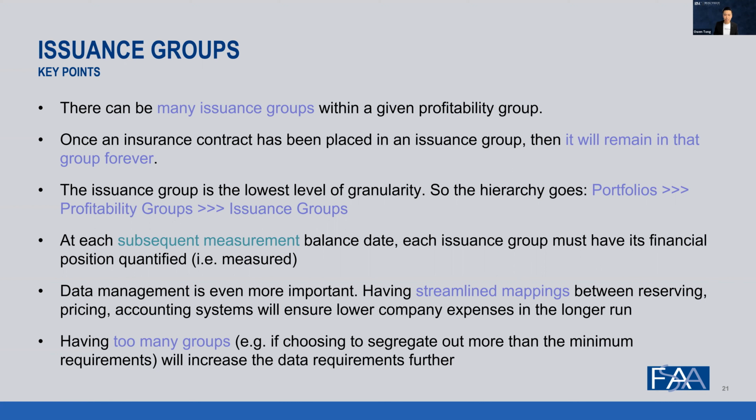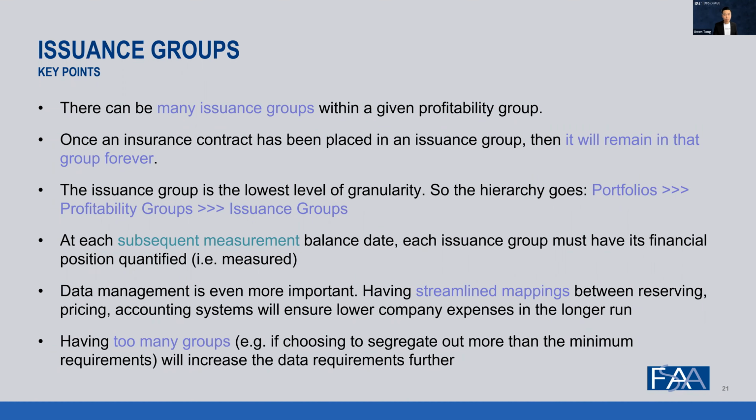That's something I believe companies should be investing more money in, which is the data management system. It probably will result in lower company expenses in the long run. But the issue is it's a short-term pain, right? You may need to fork out a lot of money for a little benefit in the shorter run. And having too many groups will definitely increase the data requirements. So there's a balance to play here.